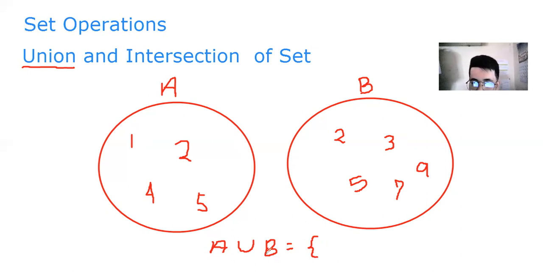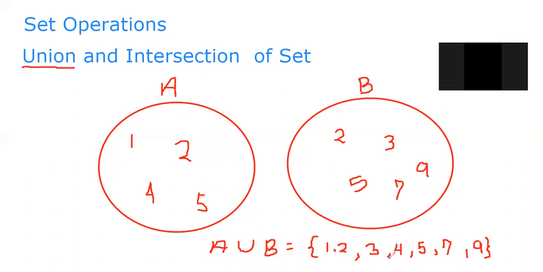So if we write the A union B, it will be 1, 2, 3, 4, 5, 7, at 9. So yan. Dahil pinagsama natin si A pati si B, lahat ng elements kay A pati kay B, pagsasamahin lang natin.